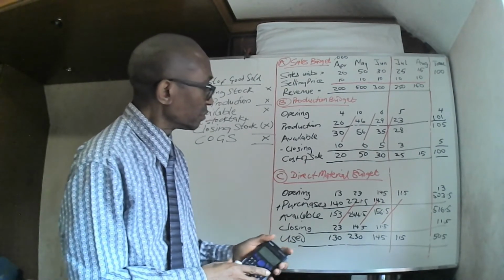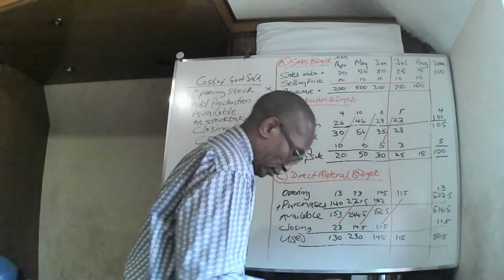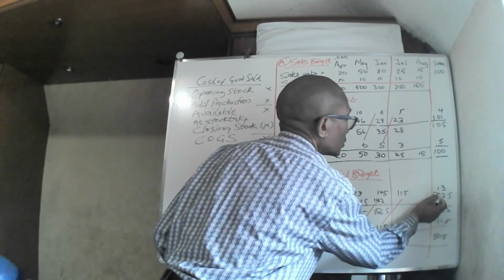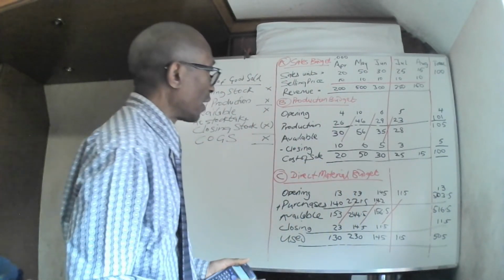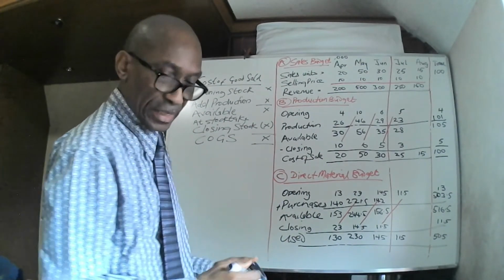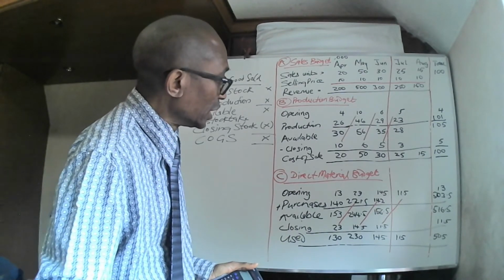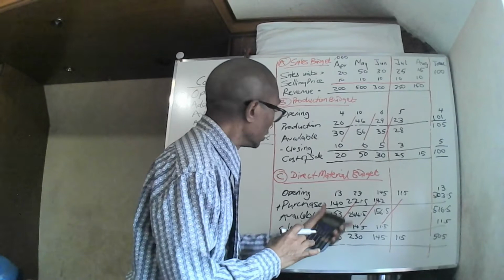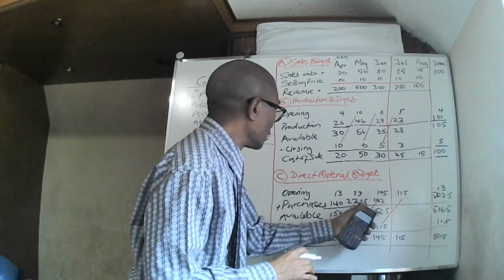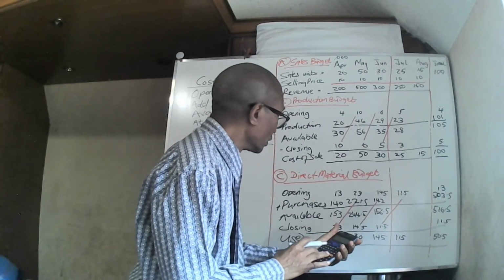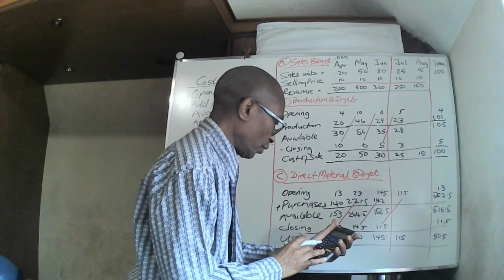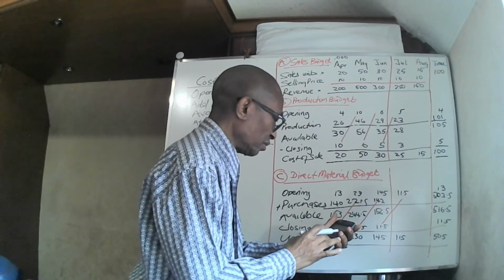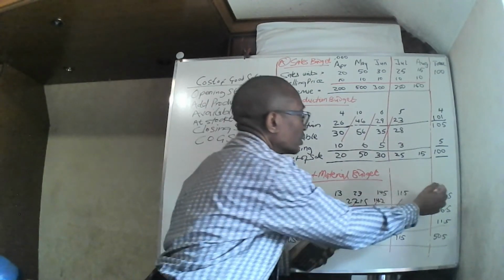Check again. Okay. Our cross cast again should be okay. It looks okay, but I still need to check it again. 13 is the opening there, and all the purchases is 140 plus 221.5 plus 142, 543, correct?